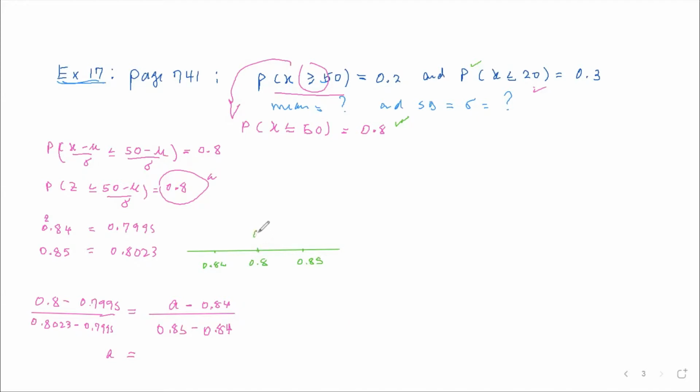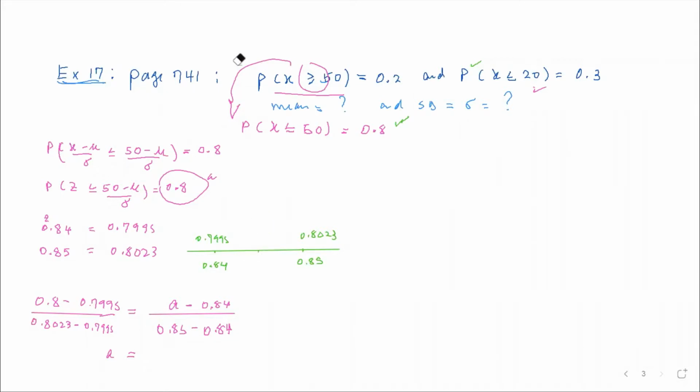So if this is A, and this one is 0.84, the z-score is 0.7995, and this one 0.8023. Then you can use A, because 0.8 is between these. Okay, you can use A minus this one.